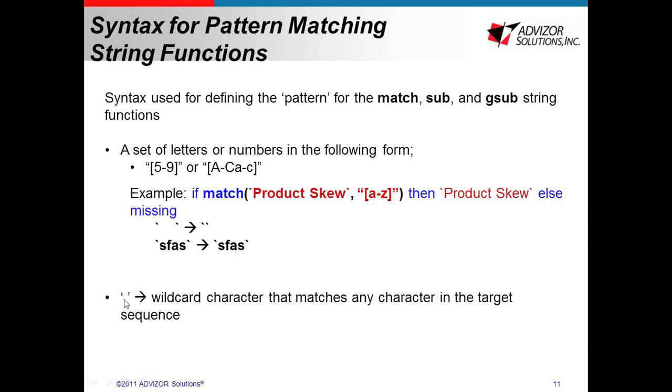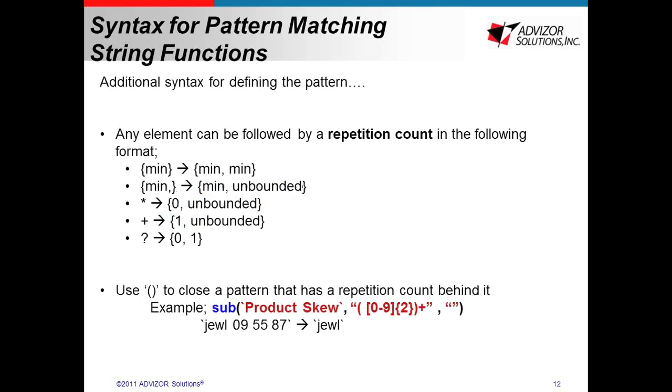Now you can also use a wildcard character, and this matches any character in the target sequence. It can be a letter, punctuation, numbers, anything. You can also add a repetition count to any element, and the repetition count goes behind the element that you are defining the repetition for.